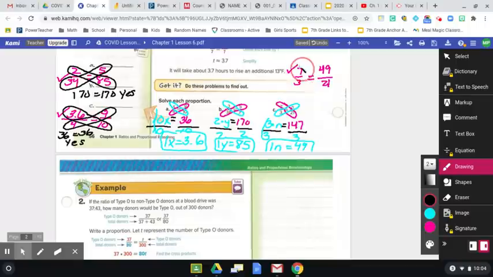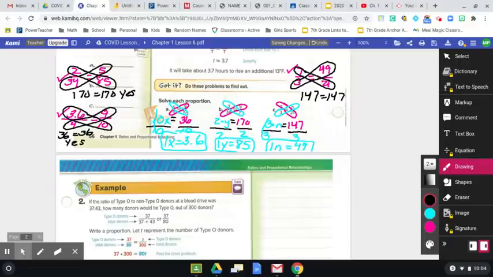All right, so here we go. 7 times 21, if you multiply that out right now, you should get 147. Other direction, 3 times 49, you should also get 147.